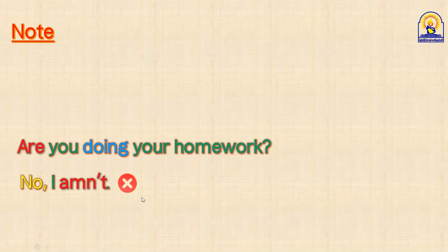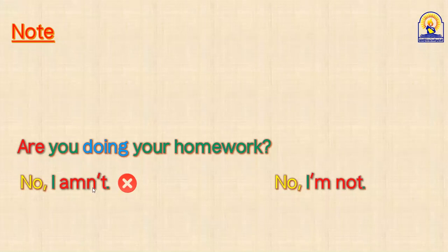Why not correct, guys? This is the correct one. You see? And that's why I made a slide for it. As you can see, guys, if you want to make a short answer for the question "Are you...", of course, we know that you in the question changes into I in the answer. And if you use I, you cannot use are. I cannot say I are.